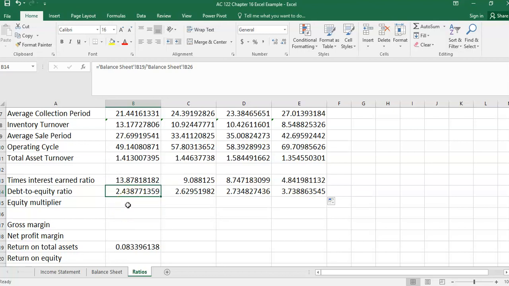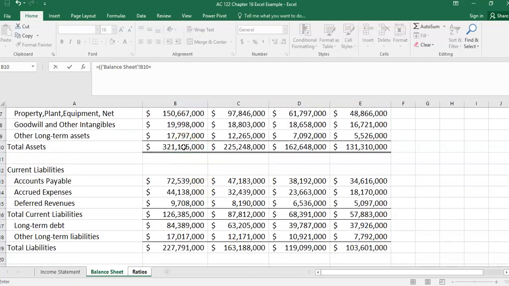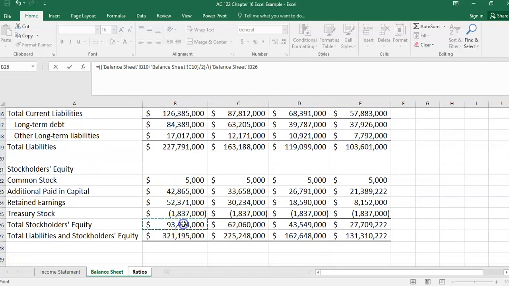Our equity multiplier is the average total assets divided by average stockholders' equity. This measures the portion of a company's assets funded by equity. We'll take average total assets, 2 years, divided by 2, divided by average total equity.